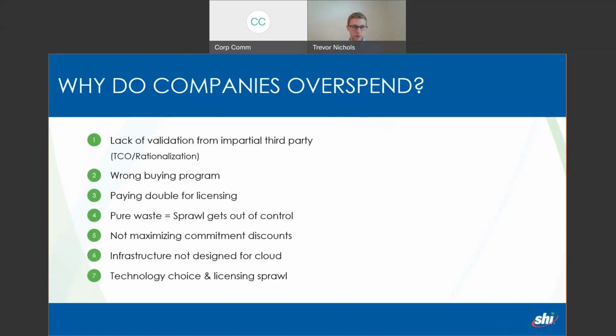The others are infrastructure and application design. It's not unusual for people to migrate workloads into the cloud and continue to operate them in a very traditional state, similar to how it might have been on premises.